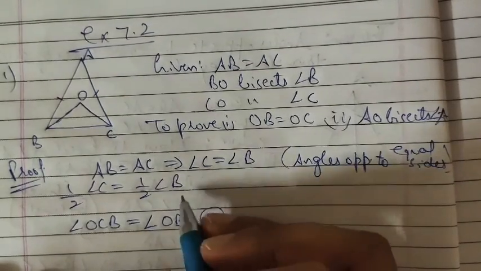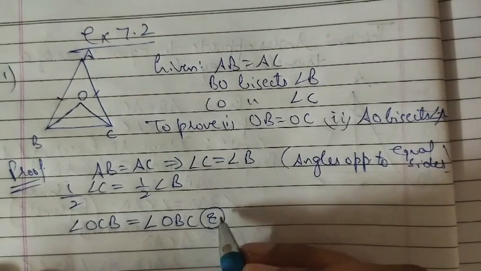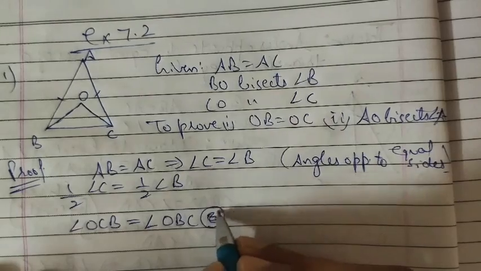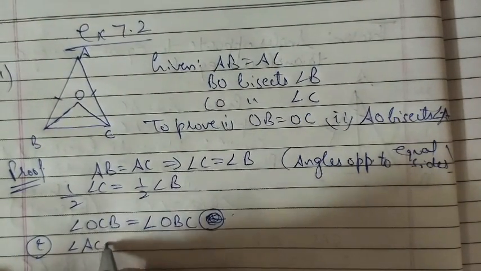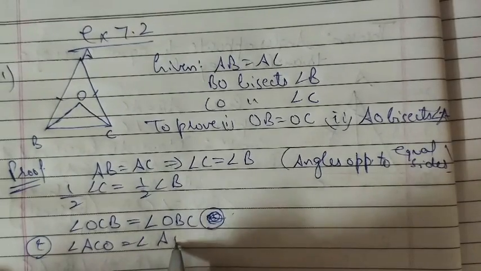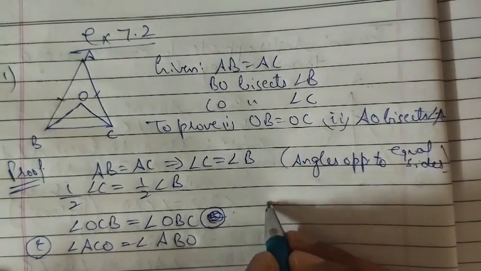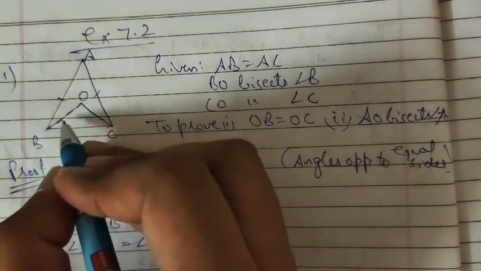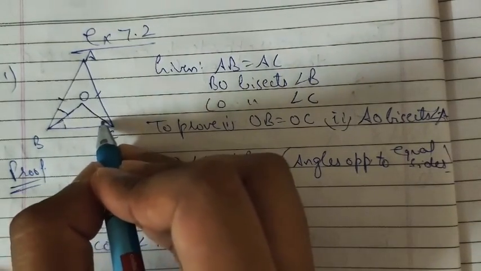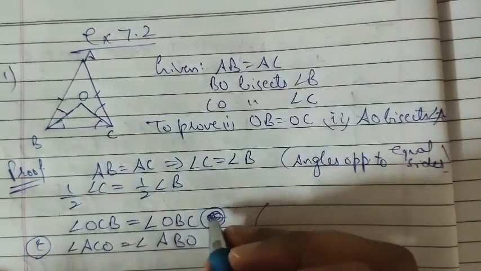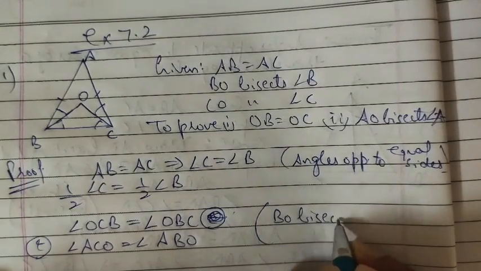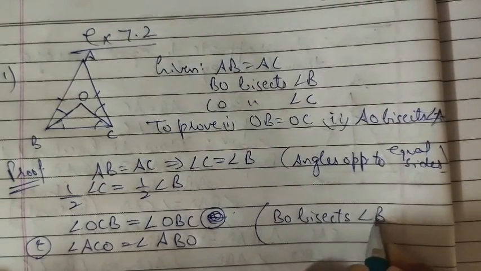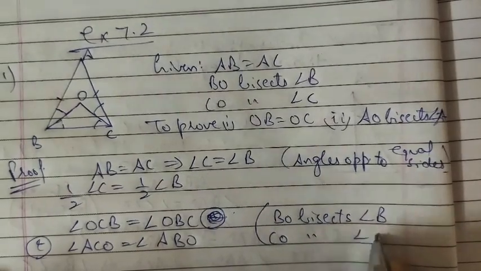And angle ACO is equal to angle ABO. Reason: because this is a bisector, this angle is equal to this angle and this angle is equal to that one. Reason: BO bisects angle B and CO bisects angle C, right?